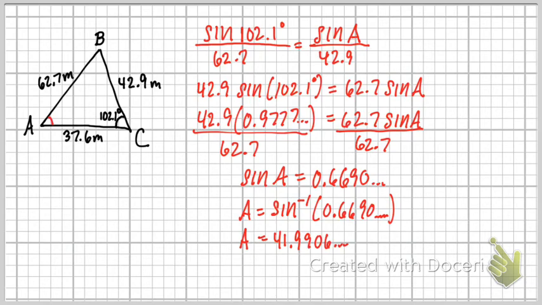And all we're going to do is round it to that first decimal place, like the other one. And that's going to be 42.0. All right, so there it is. So now we have to get the other one.